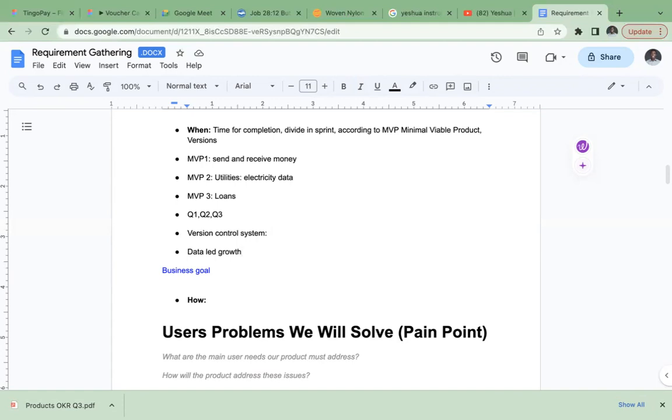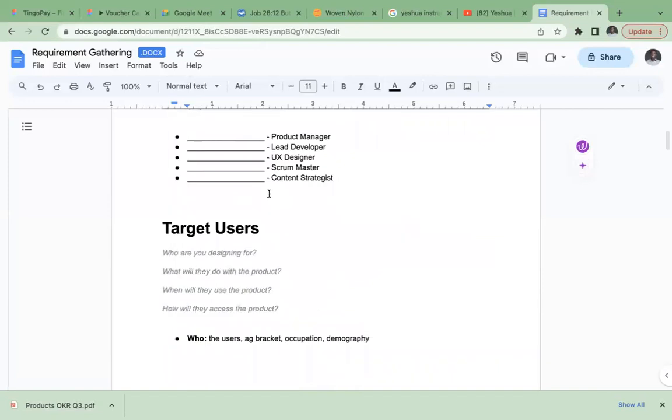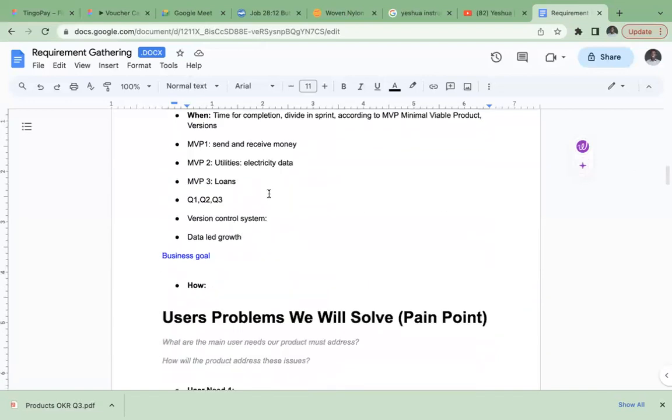Maybe because the product managers are not competent enough, they didn't see it on time, or they did not give useful information to the stakeholders about this product. And again, many products fail because they lack grace.